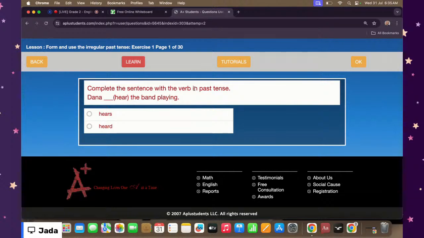Complete the sentence with the verb in the past. Dana heard the band playing. Here now is in the present, it's in the bracket. You have to figure out the past tense of hear. So is it hears or heard? It is heard. So heard is the past tense of hear.